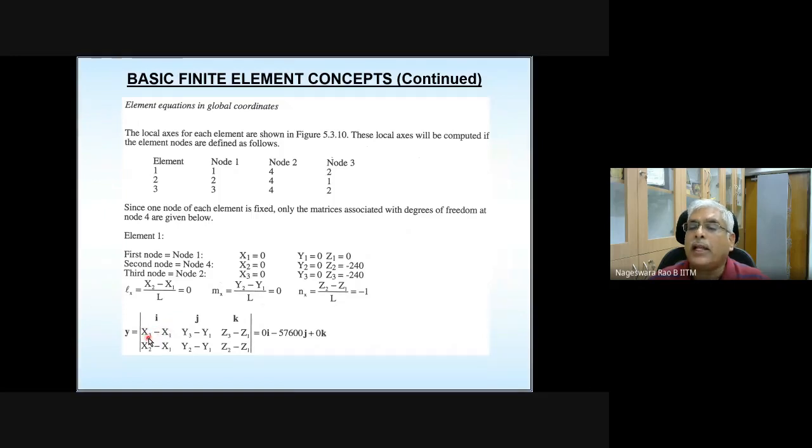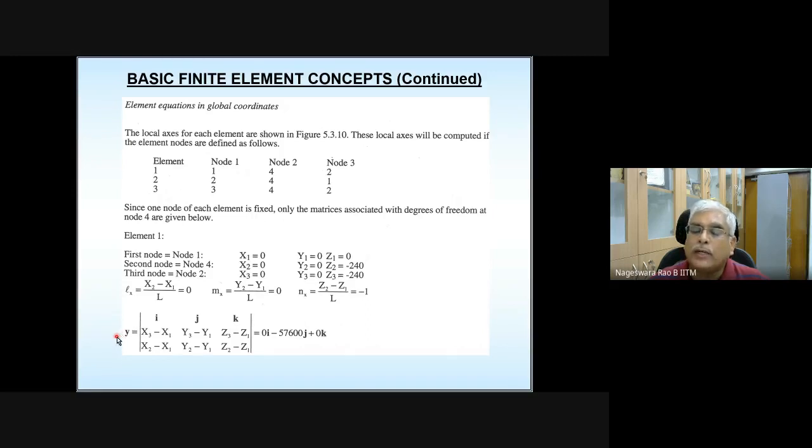This is the vector lying in the 1, 2, 4 plane or 1, 4, 2 plane, and the cross product of it with the unit vector along, or the vector lying along, the local x direction is going to give you y. And this y is a vector. It's not a unit vector. You need to normalize it. So that is how you got this y.